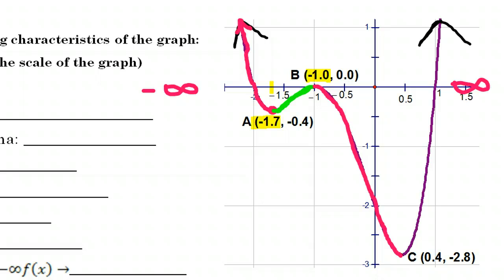Okay? And once again, when we talk about intervals, we are talking about x values. So yes, from here to here is decreasing. But what are the x values that I'm talking about when I say from here to here? I'm talking about negative 1 to 0.4, decreasing.